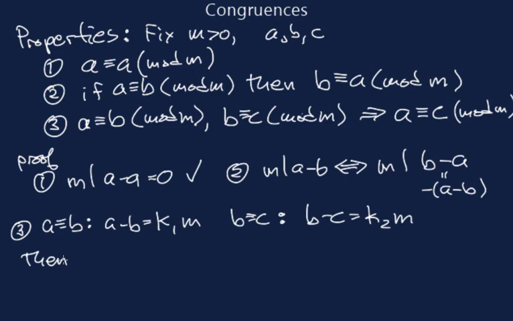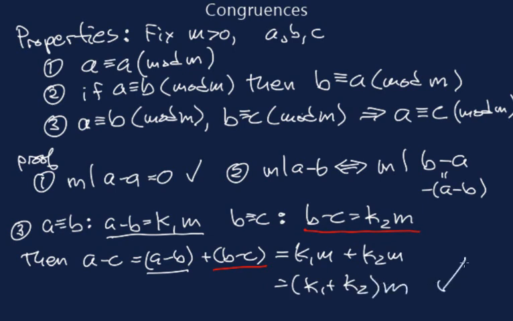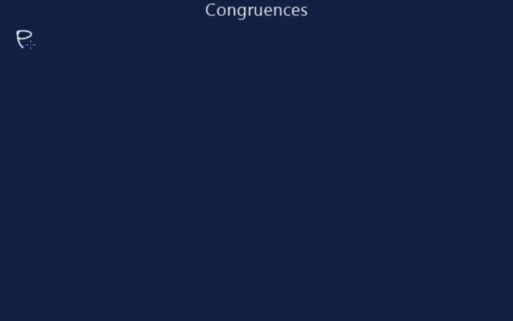And then if you just add these two, a minus c is equal to a minus b plus b minus c. And that's equal to, let's see, this first one is k1 m, and the second one is k2 m. And so you get a minus c is k1 times m plus k2 times m is k1 plus k2 times m, and therefore m divides a minus c. Okay.